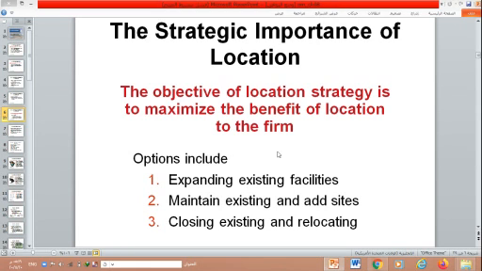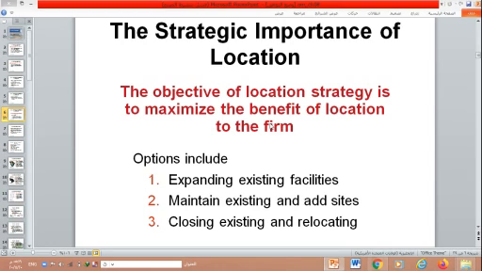So the objective of location strategy is to maximize the benefit of location to the firm, whether by minimizing the costs, such as in manufacturing or industrial firms, or by maximizing the revenues, such as in service organizations or retail firms, or by speeding delivery and minimizing the costs, such as in warehousing.